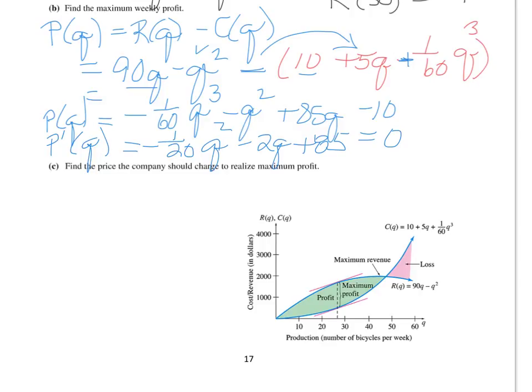And just as a reminder, your quadratic formula says in order to find the value of Q that you're looking for, you're going to take the opposite of the middle term's coefficient, which is the opposite of negative 2, which is positive 2, plus or minus the square root of negative 2 squared minus 4 times negative 1 over 20 times 85.